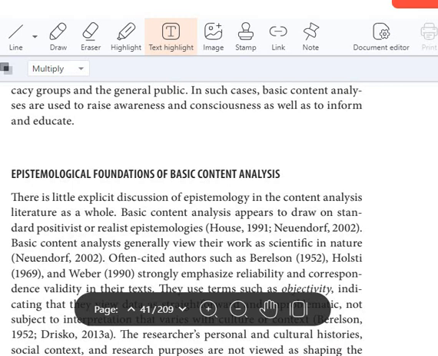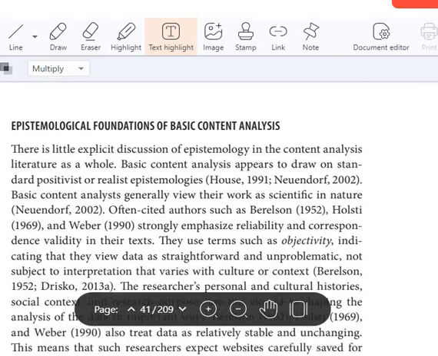We should understand that it is used in many different fields, and here, as in the other two approaches of content analysis, we don't have much literature on this. Here it says that it appears to draw on standard positivist or realist epistemologies.